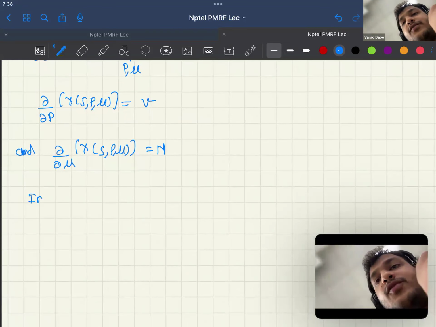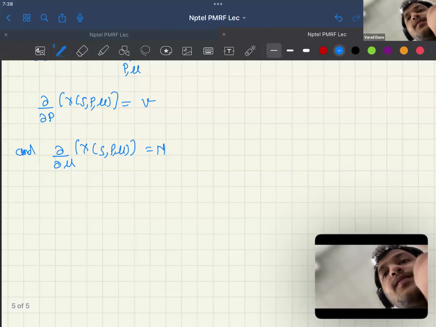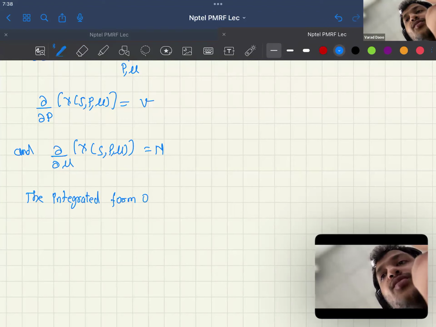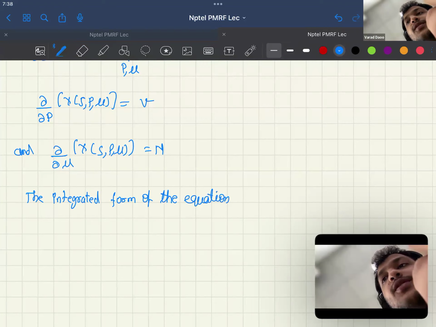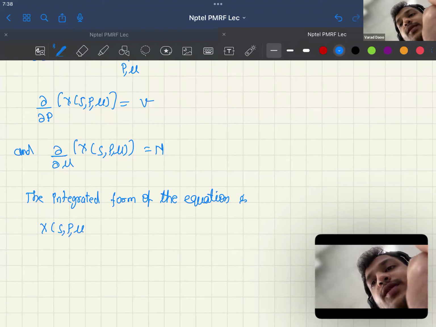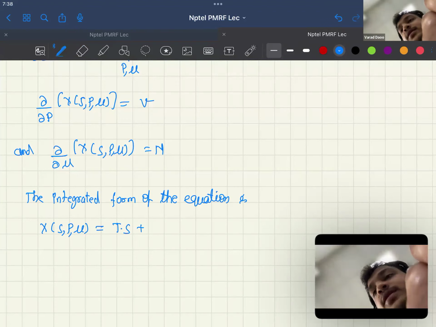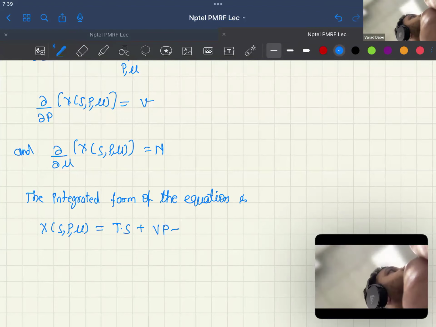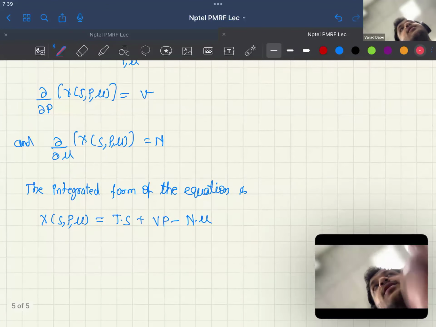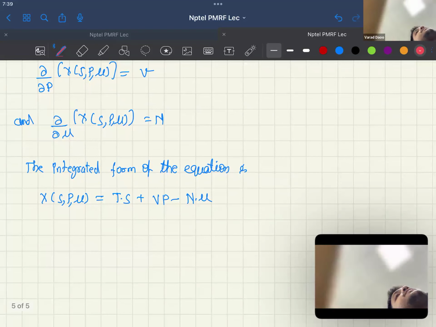And the integrated form of the equation is X of S, P, mu is equal to T into S plus V into P minus N into mu.